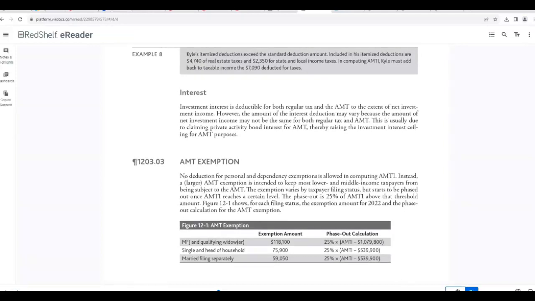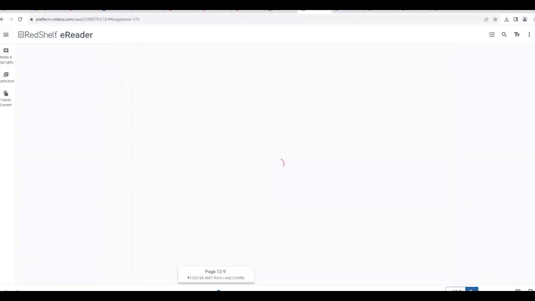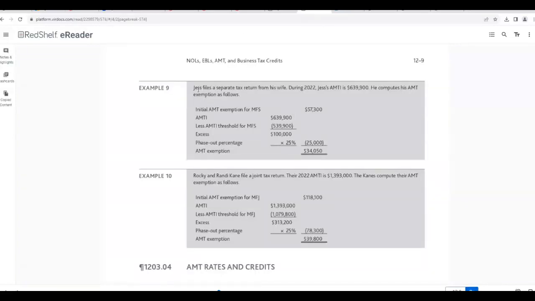Again, 12-9. In example 9, Jess files a separate tax return from his wife, and Jess's AMTI is 639,900. So it's too much, right? How much is the threshold for married filing separately? Anything above 539,900. So first you deduct the 539.9, and then what's over?